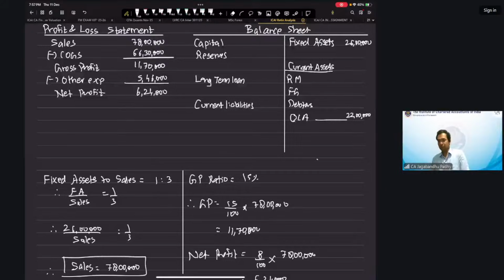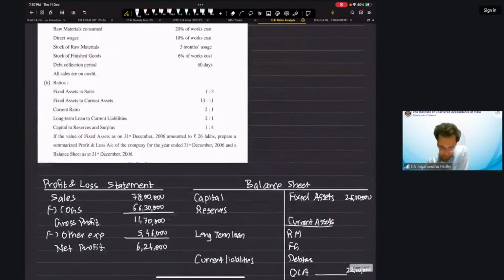Then raw material, finished goods, debtors, and other current liabilities we have to compute. So let's first use the current ratio, guys.